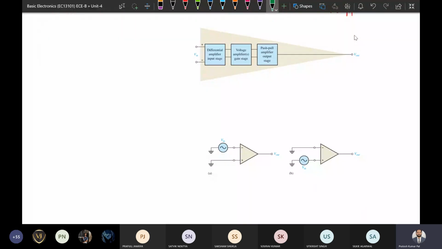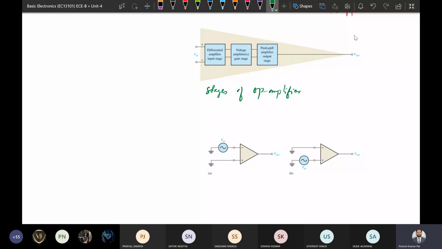This is the operational amplifier symbol, and it has 3 different stages. In the previous slides we have seen that an operational amplifier is basically a multi-stage amplifier. This figure represents the different stages of the operational amplifier.